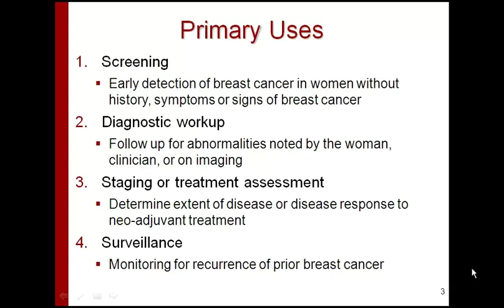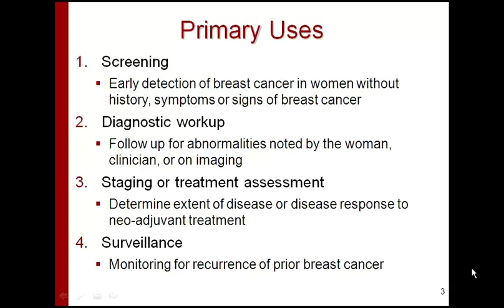But it could also be used for diagnostic workup, so if a mammogram finds something, you can use this as part of the workup to rule in or rule out breast cancer. Breast MRI is also used once breast cancer is detected to look at the extent of the disease in the breast to help with staging, and more recently to look at the tumor response to neoadjuvant chemotherapy.